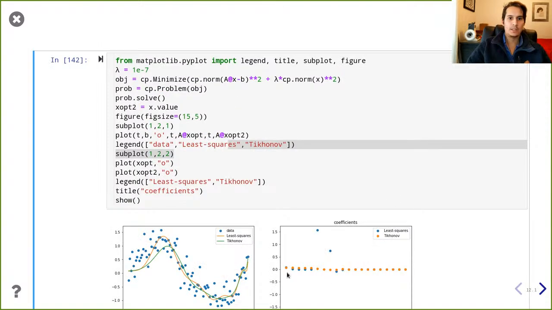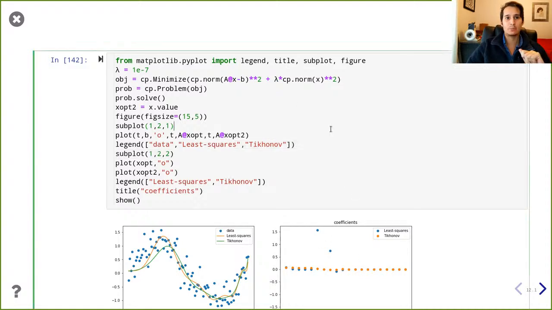And you can see here that the coefficients in blue are the coefficients without the regularization, and with the Tikhonov regularization, you have the coefficients in yellow. At the left you see that you have very similar solutions, but the coefficients are very different. And actually, in the Tikhonov regularization, you have lower values of the coefficients.